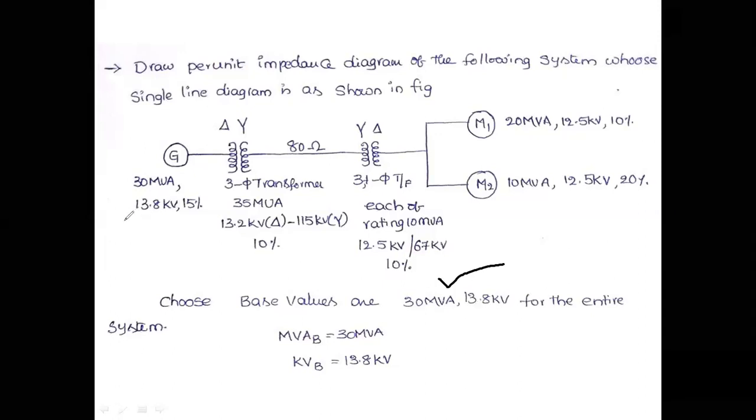That means the generator ratings are considered as the total base values, right? Now see here, this is the first step. We have chosen the proper base values, MVA base and kV base.